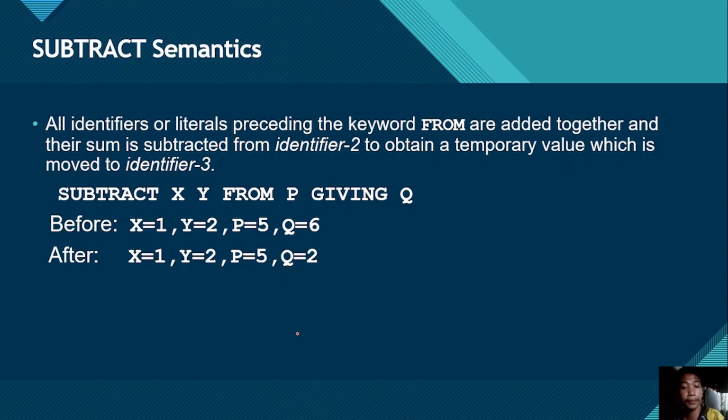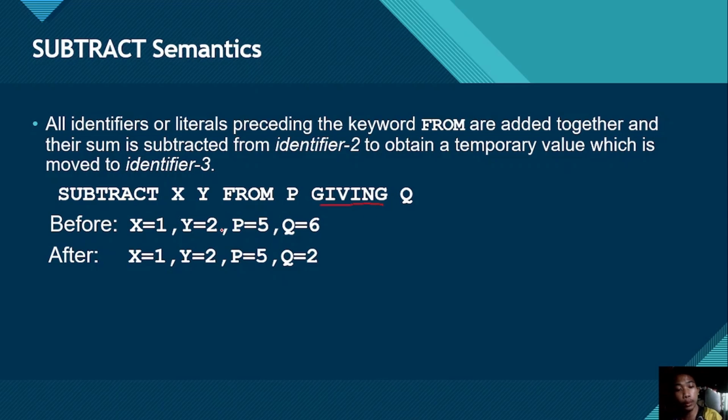Then, just like the ADD semantics, we can store it to a new variable by using GIVING. So meaning x plus y minus p is equals to q.